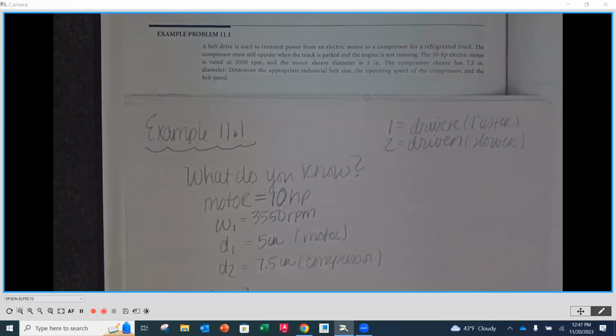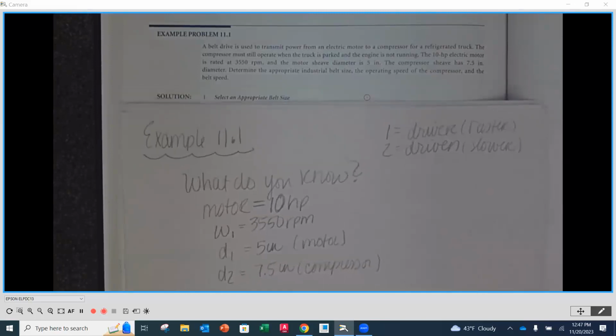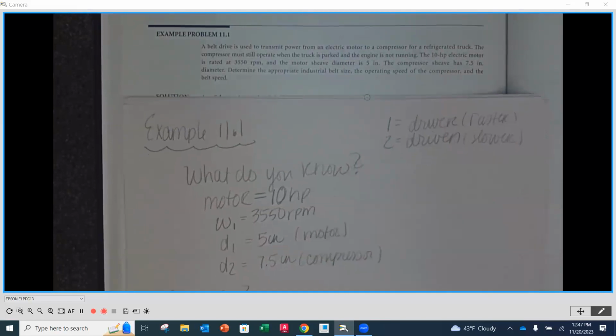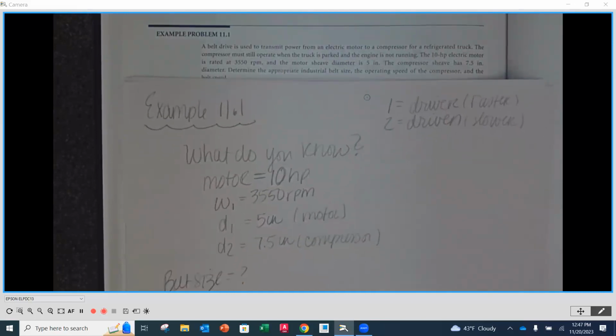Okay. So we're trying to find our belt size. So the operating speed for the compressor, what variable would we line up with that? Operating speed of the compressor. We know that the pitch diameter of the sheave on the compressor is 7.5 inches.